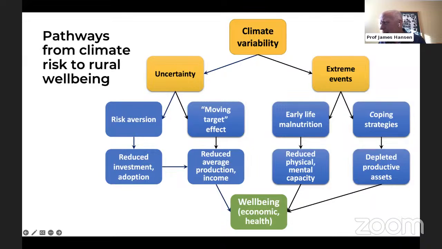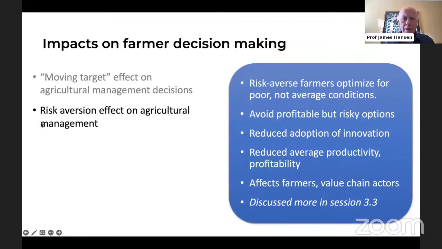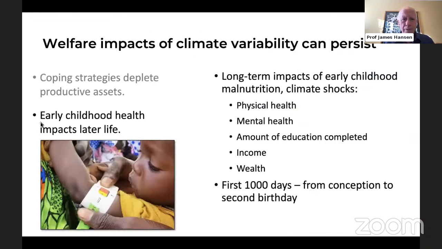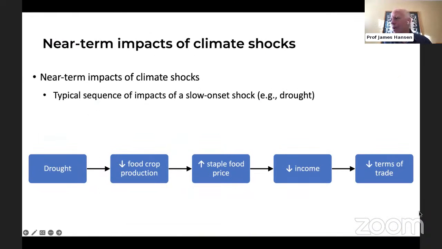Oh, how does an increase in staple food prices lead to low income? That was referring to this diagram. These arrows don't necessarily represent cause and effect in every case. It's more that the reduction of food crop production.